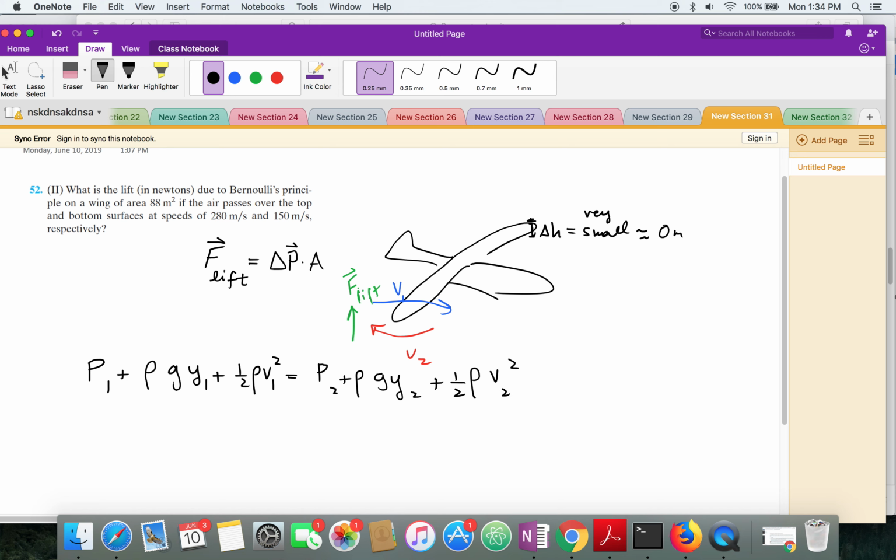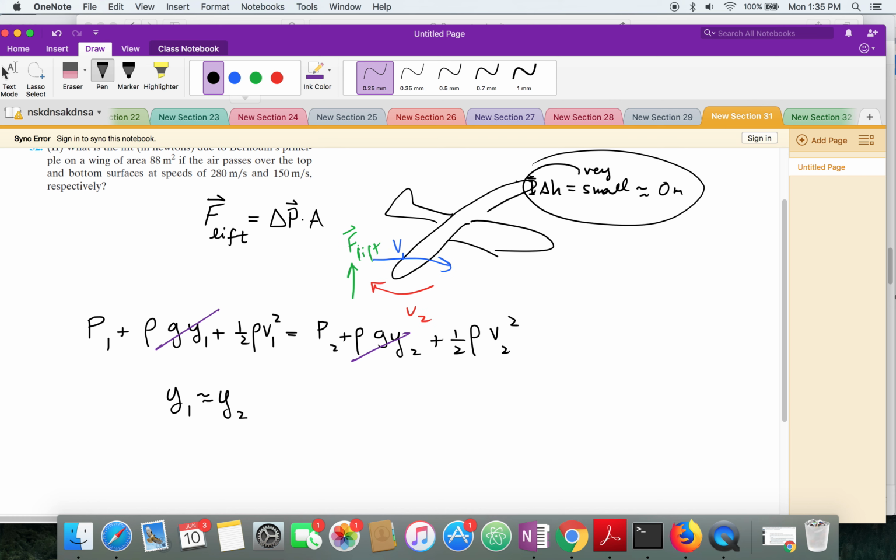In this case rho is air, one fluid, the same substance, so I don't need separate densities. Because delta H is small, we assume y1 is basically equal to y2, so those terms just cancel out.